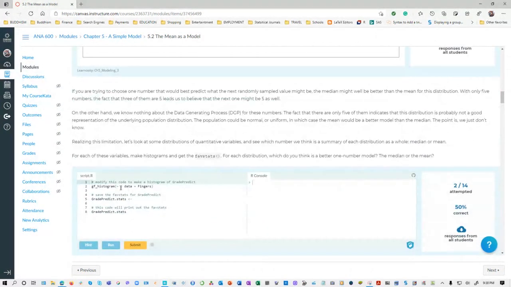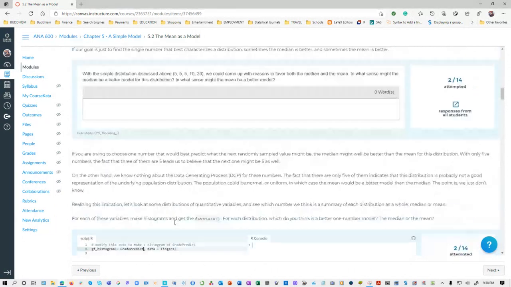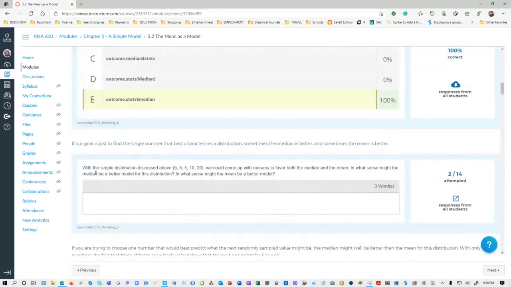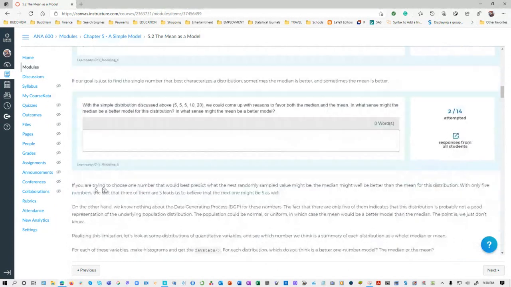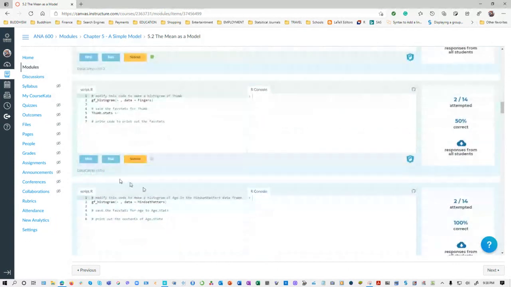We can see this one, grade predict. Here, this is the distribution. We come up with the recent favorite statistic, and choose the number that would predict what the next random sample number would be.